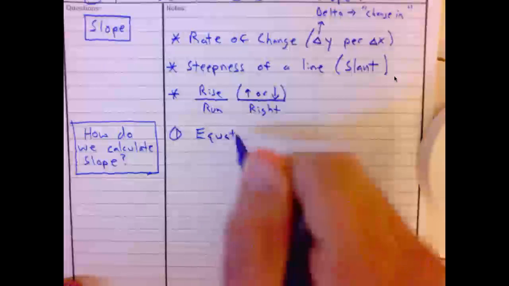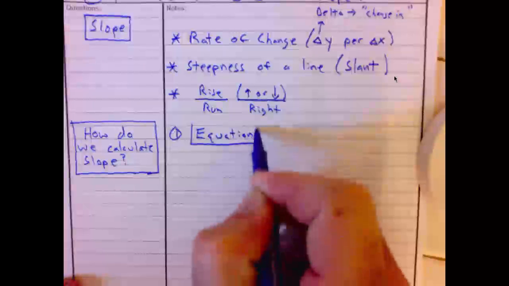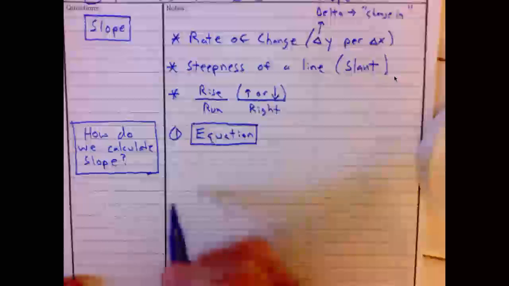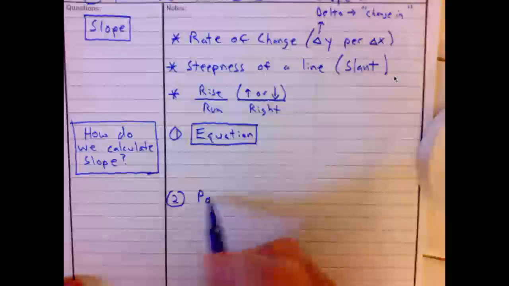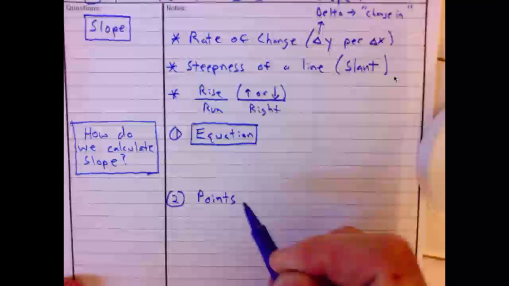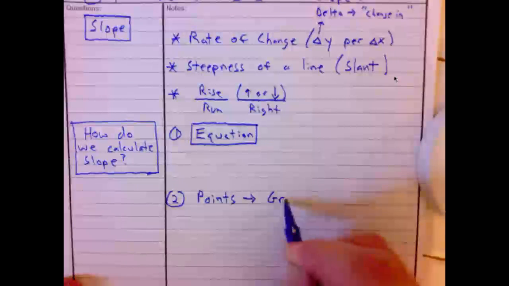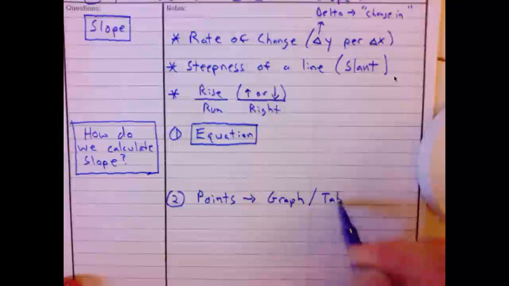Typically, the equation is going to be in two variables. Our default variables are x and y. The other situation is where we get some points. Most frequently, points will be given to us in the form of a graph or a table.